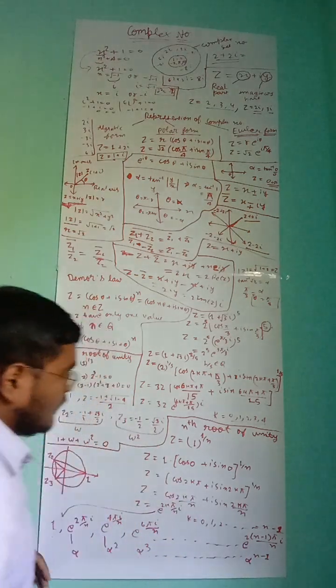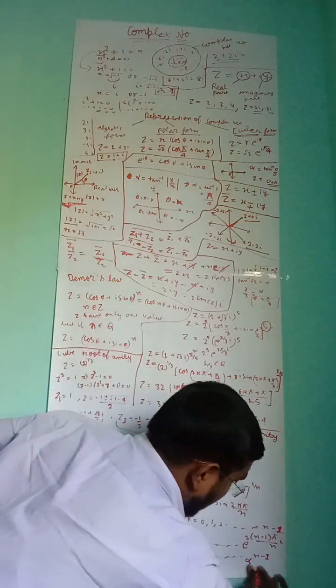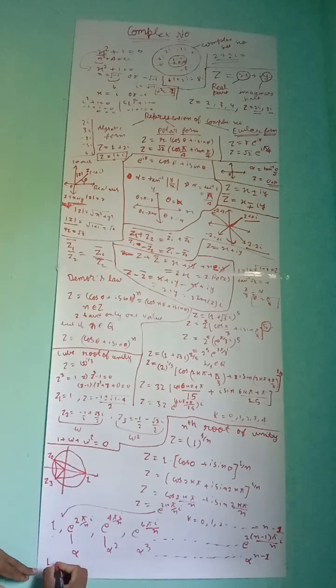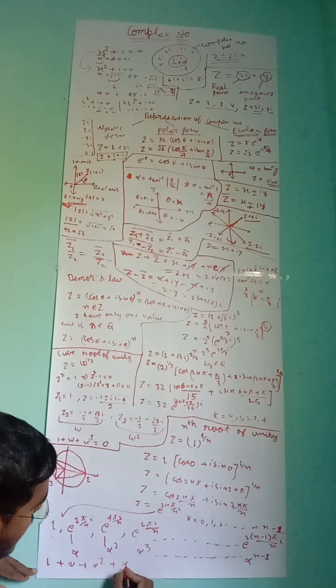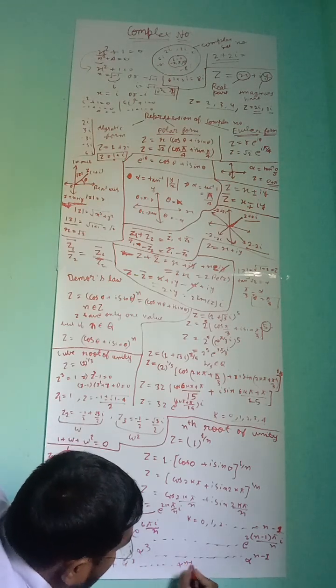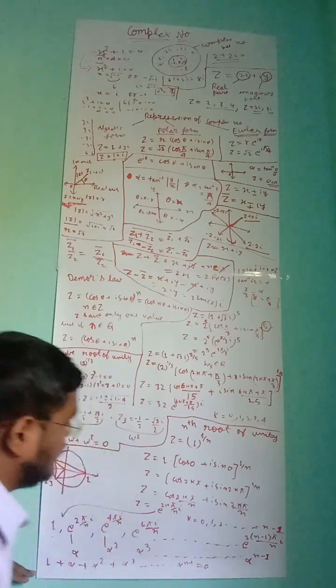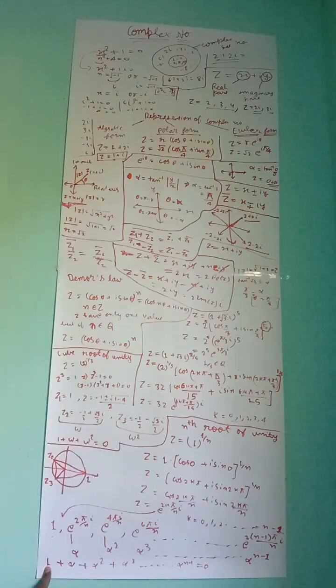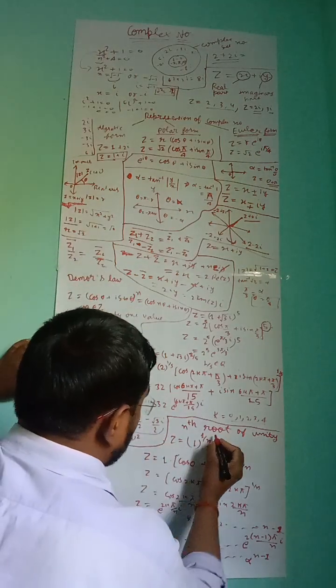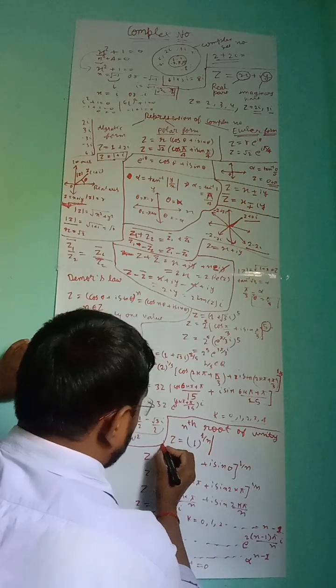Okay, if we add all these numbers, 1 plus alpha plus alpha square plus alpha cube up to alpha power n minus 1, then we get 0. Then why do we get 0? Let's understand here.